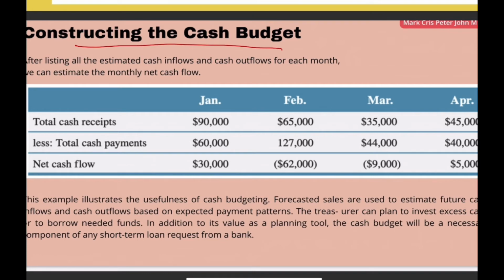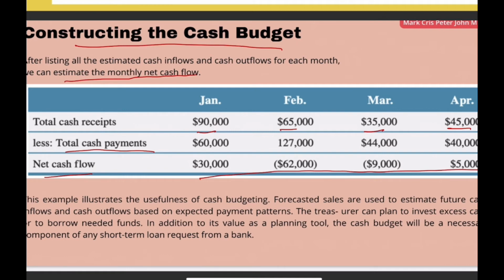We then combine both. So total cash receipts less the total cash payments, we come up with our net cash flow. So let's say for example for January we have 90,000 less our expected expenditures, that's 60,000. So we are left with 30,000 on our net cash flow, and so on and so forth.